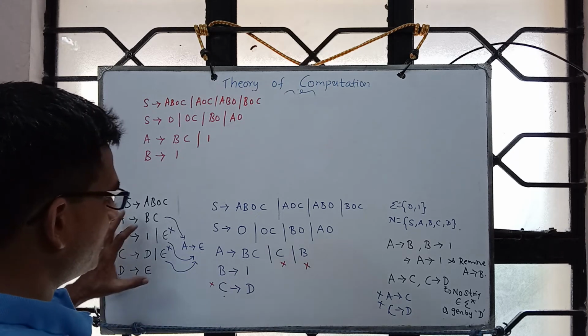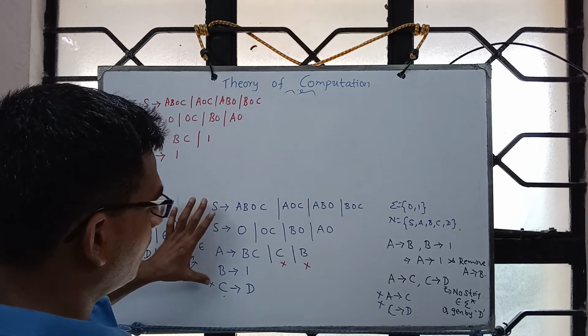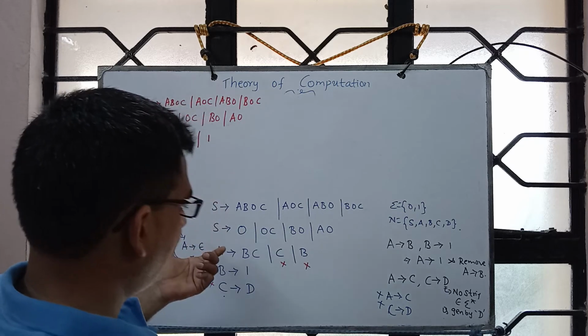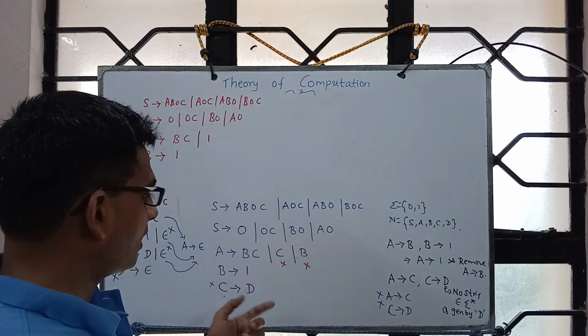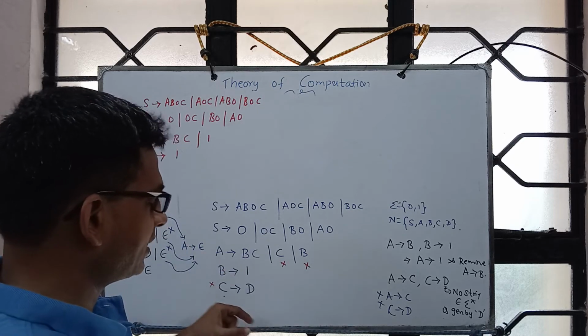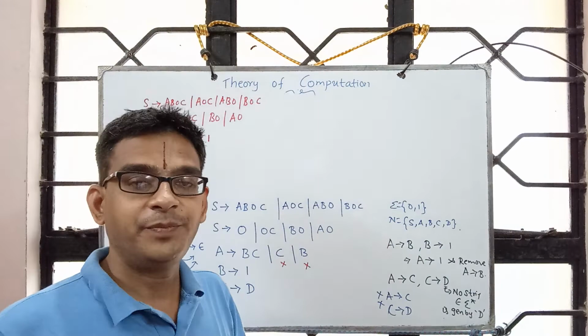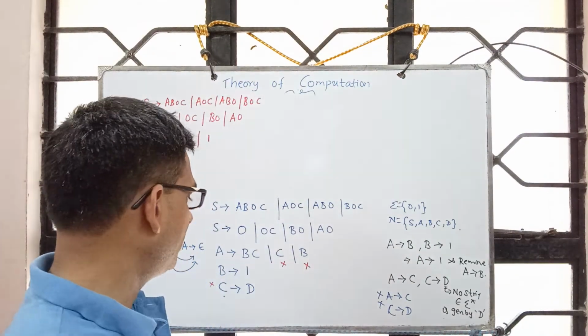So the first step is to remove epsilon, but when we remove epsilon, we may get unit productions, and even these unit productions have to be removed as part of simplification. Remember, the order is important.